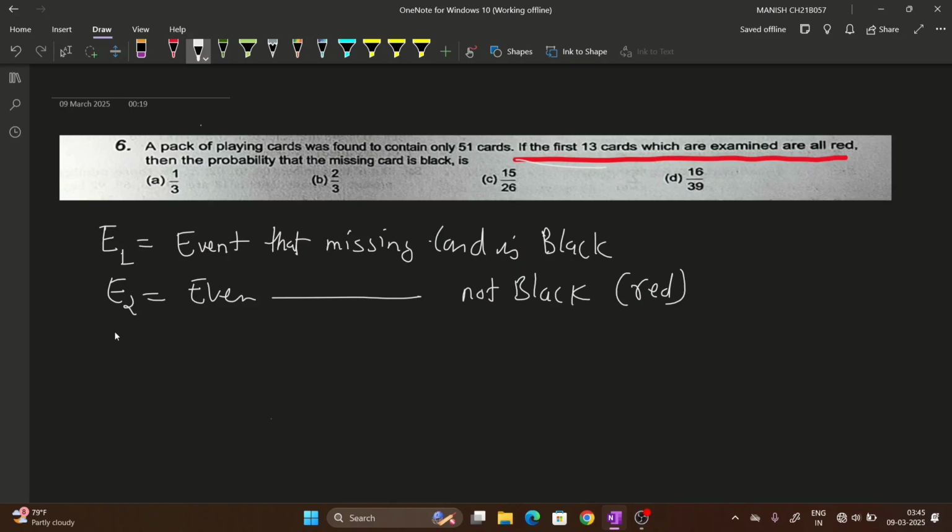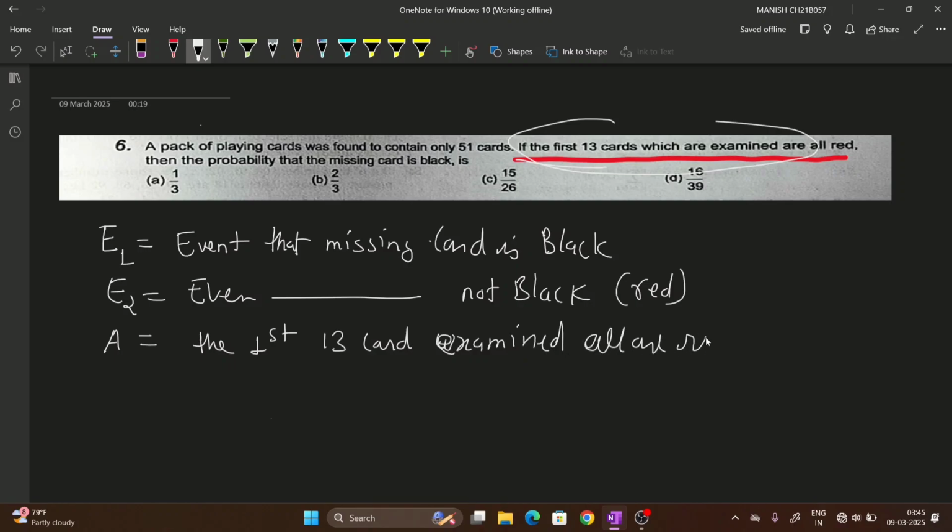And let's say A is the event that the first 13 cards examined are all red, right?